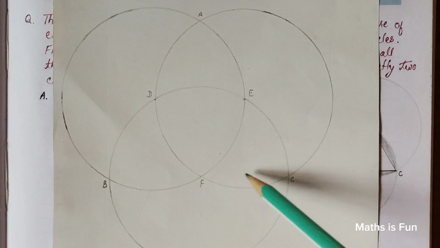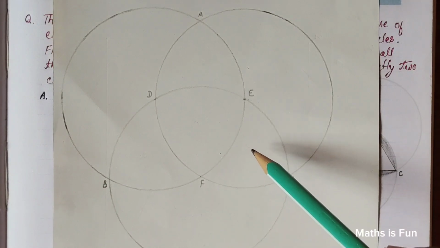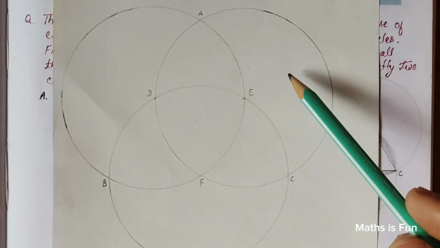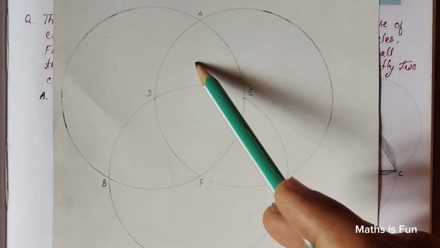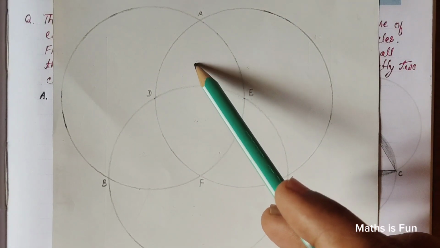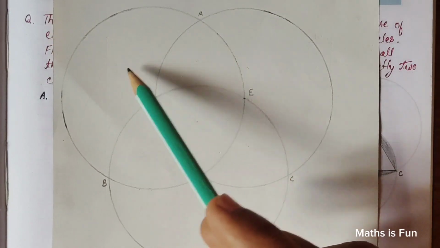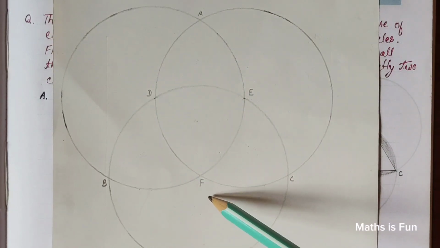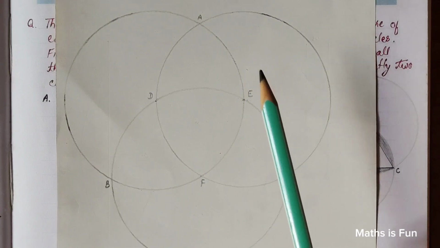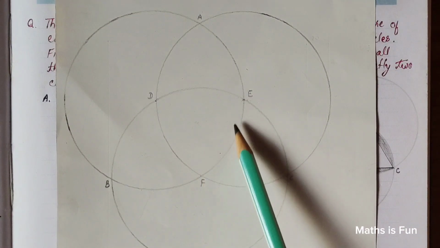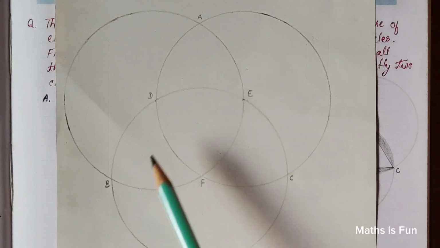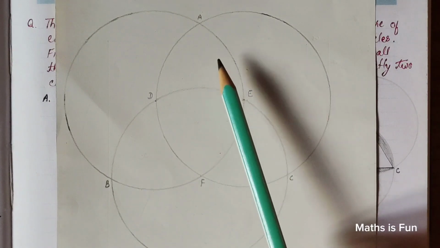Similarly, if you are standing in this area, then you are standing in the region that is common to this circle and this circle, but not this circle. Likewise, if you are standing in this area, then you are standing in the area that is a common region for this circle and this circle, but not this circle. We need to find out a ratio between this area and the sum of this, and this area.